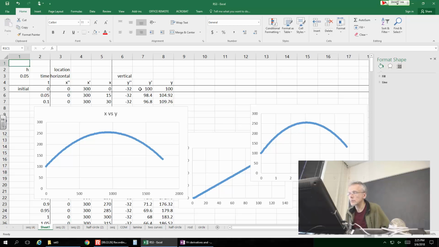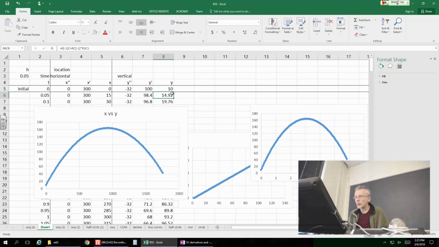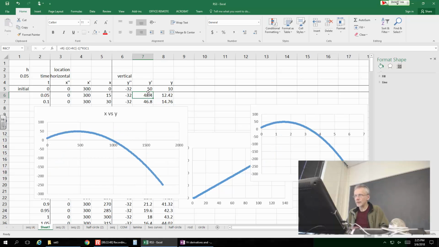Let me make the elevation lower. Now this one, initial elevation y prime. How about 50? Well, it's still going so fast. Okay, 10. It's still not reaching the ground fast enough. Okay, there you go.